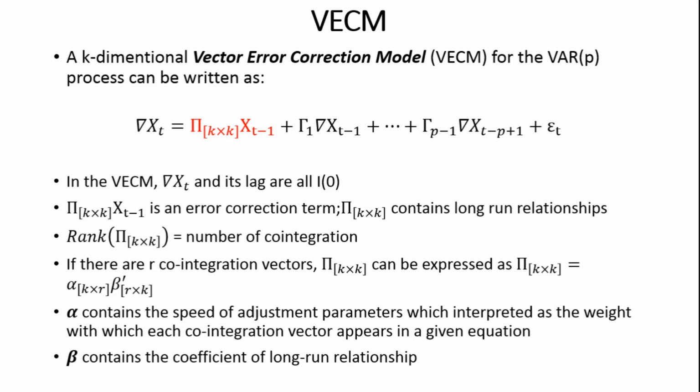If there are r cointegration vectors, the matrix can be expressed as the product of a matrix of order k by r and a matrix of order r by k. Alpha contains the speed of adjustment parameters, interpreted as the weight with which each cointegration vector appears in the given equation. Beta contains the coefficients of the long-run relationship.